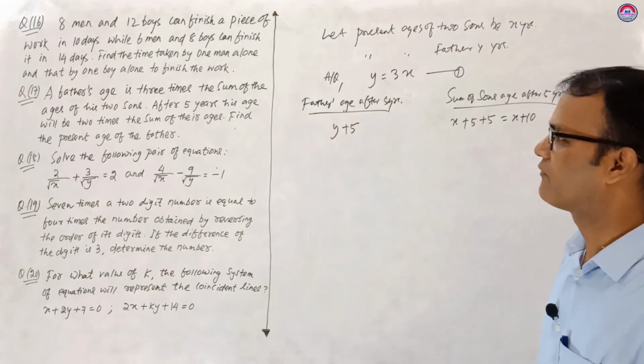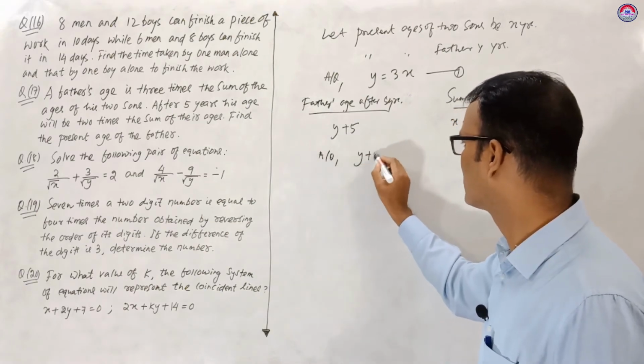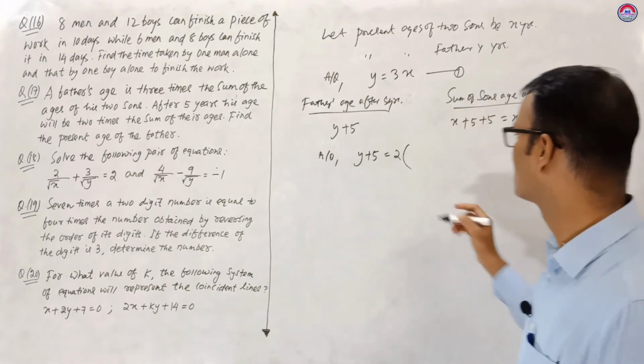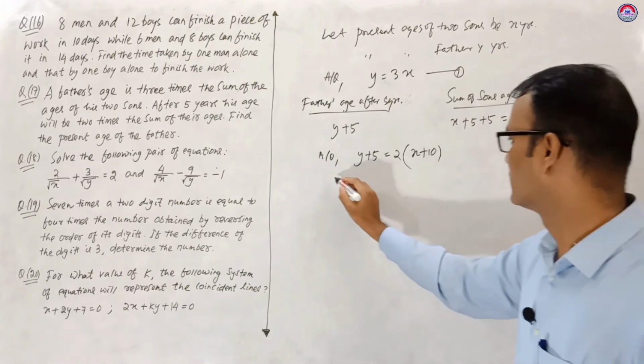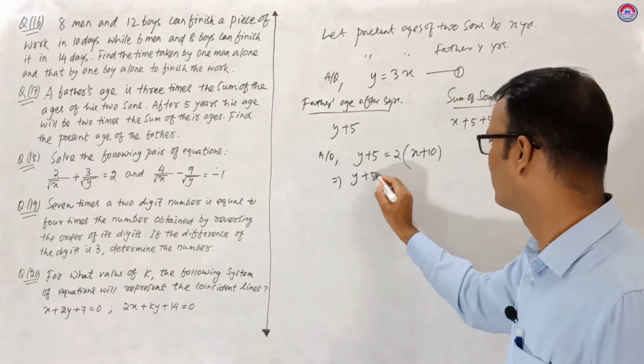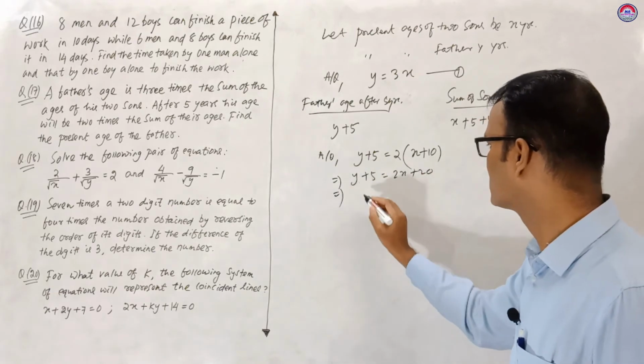The question says after 5 years his age will be 2 times the sum of the ages. Then according to the question, the father's age after 5 years is 2 times the sum of the ages of 2 sons, x plus 10. That implies y plus 5 equal to 2x plus 20. You can form an equation here.